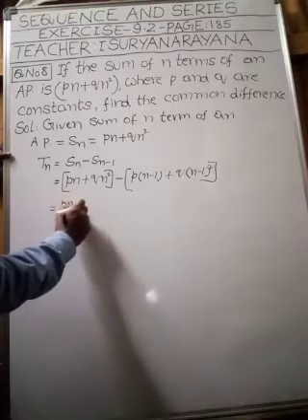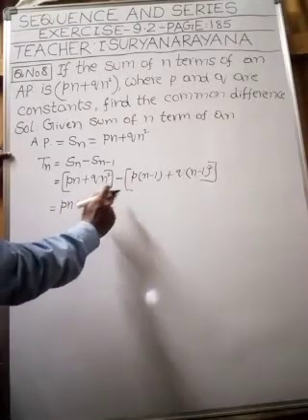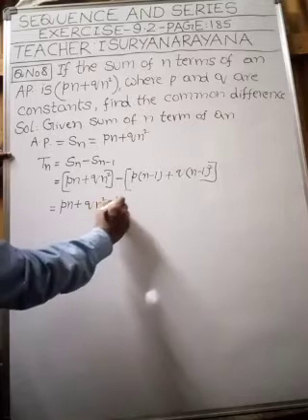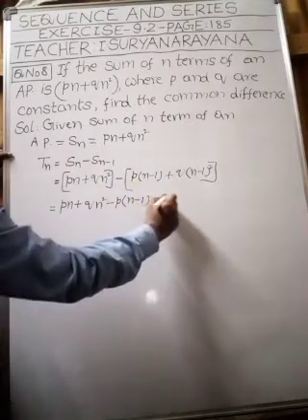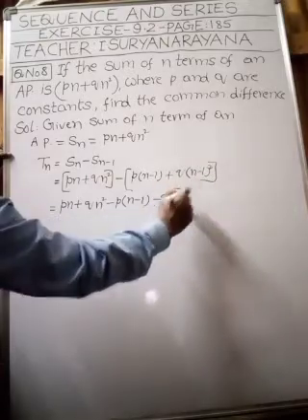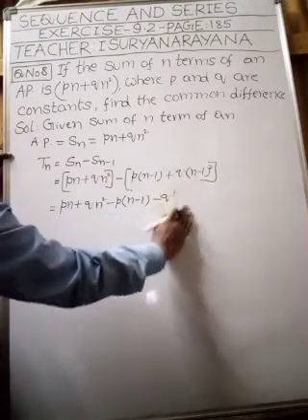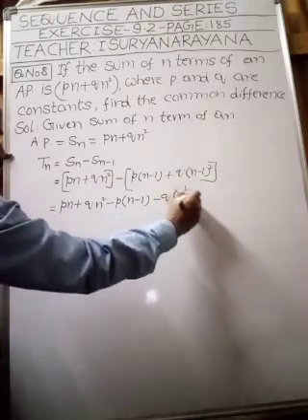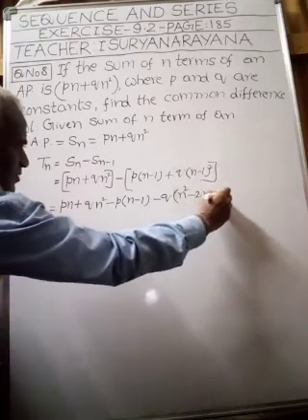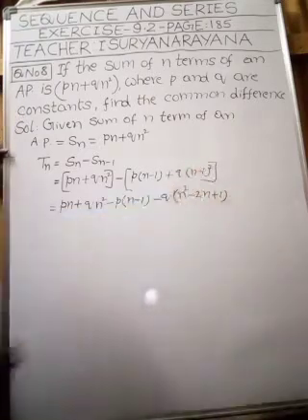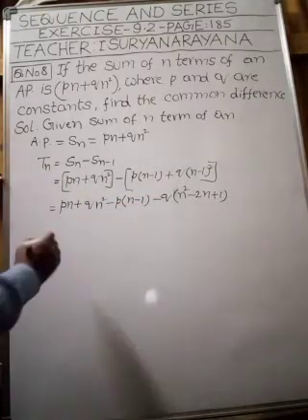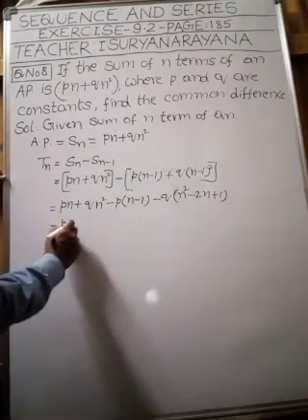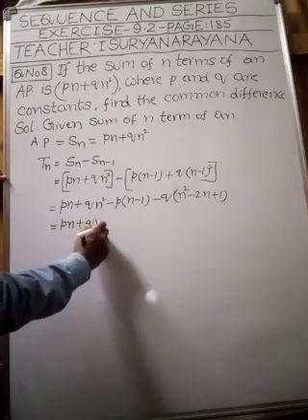Pn plus Qn square minus Pn minus P into n minus 1 minus Q into, let us expand this one. What do you get here? n square minus 2n plus 1, a minus b whole square. Okay, my children? Right. That is equal to Pn plus Qn square.